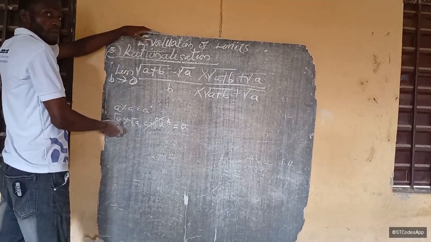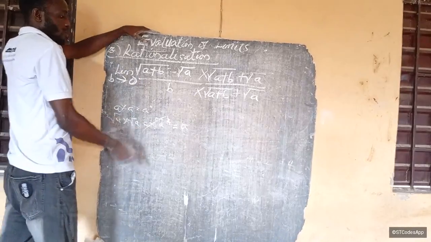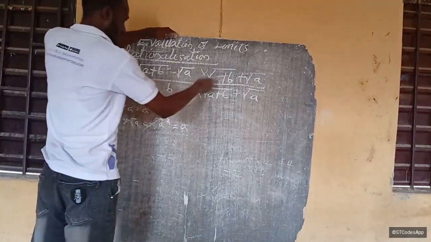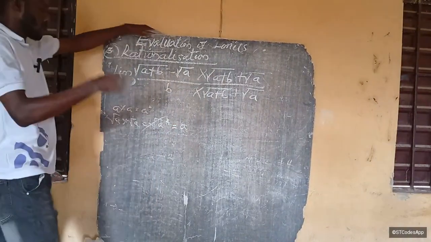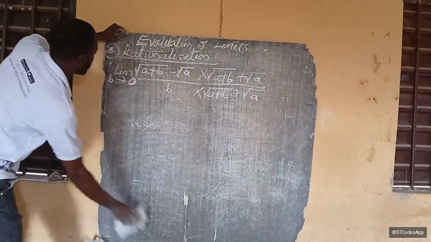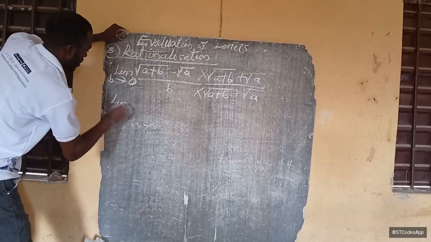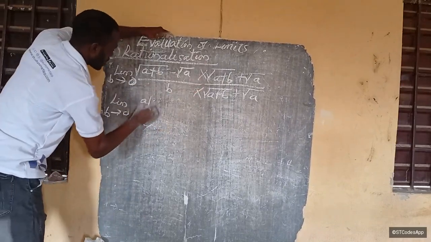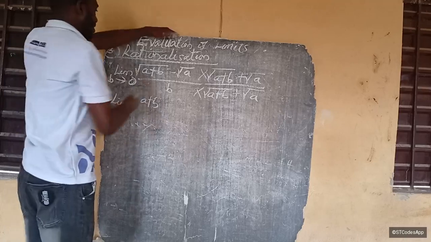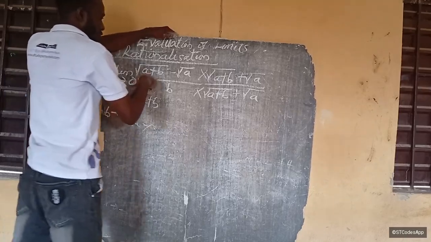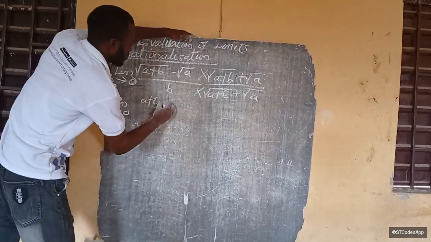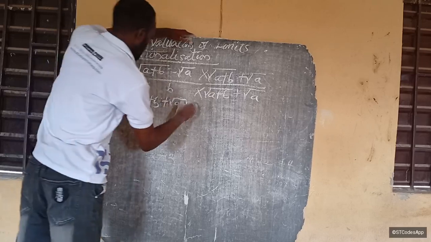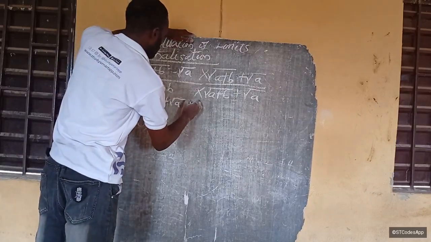Basically, the root of a number times the root of that same number will be that number. So the limit as b tends towards 0 of this by this is going to be a plus b, and the next term will now multiply this, then we're going to have plus root a times root b.